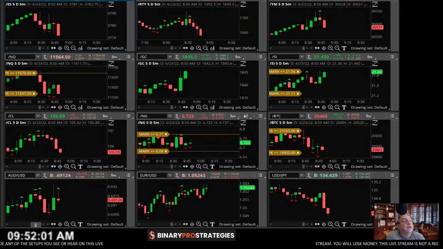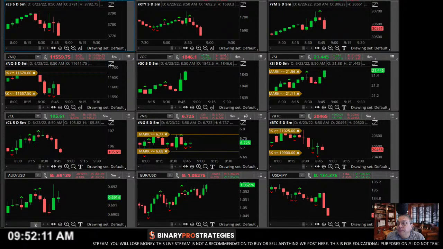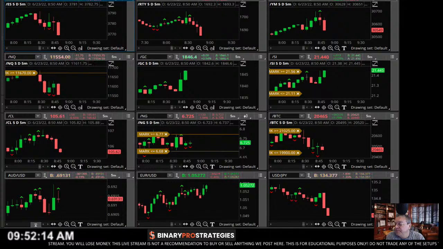Approaching target on mini NASDAQ, which is your NQ. Once again, I'll put those symbols up here. Target hit. All right, so the mini NASDAQ NQ did hit target.